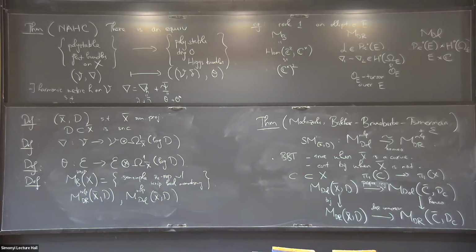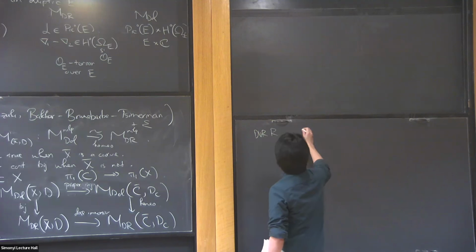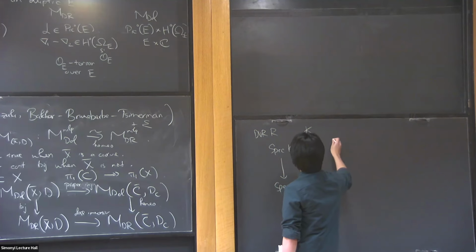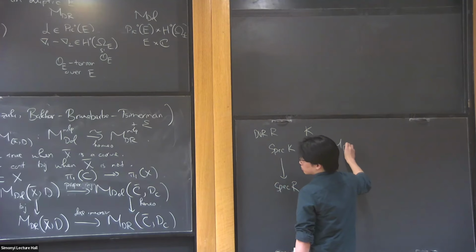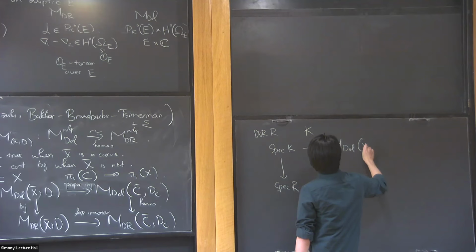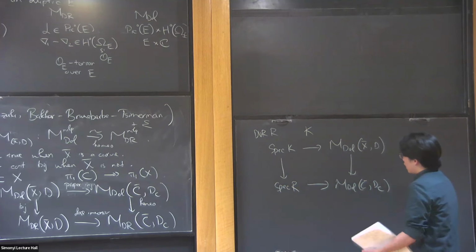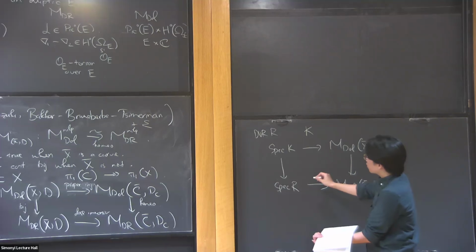So let's say that you have some DVR R, with fraction field K. You have the following diagram. And it will be proper if I can show that there's a lift.